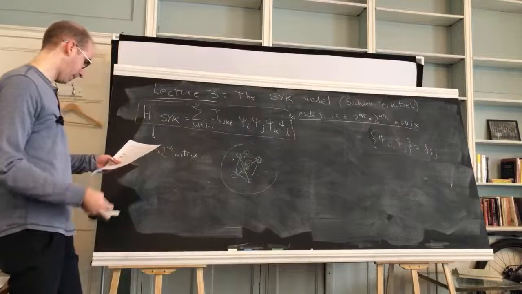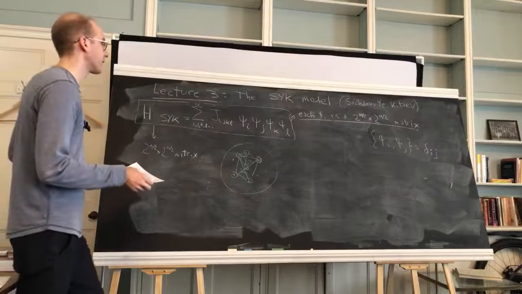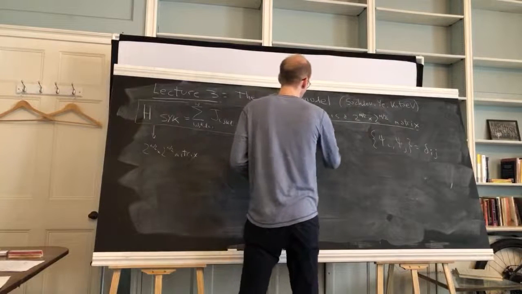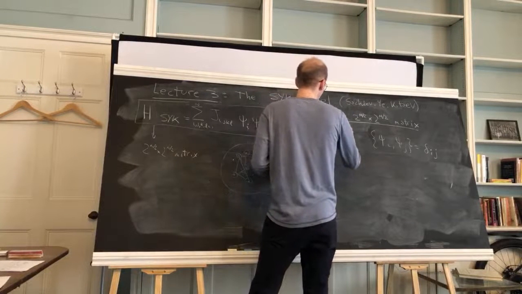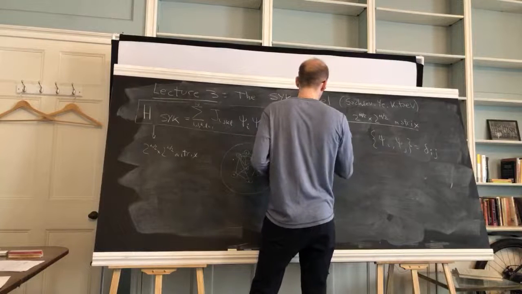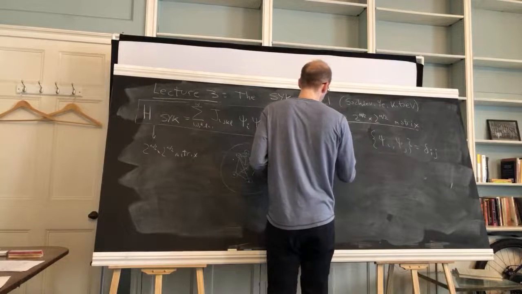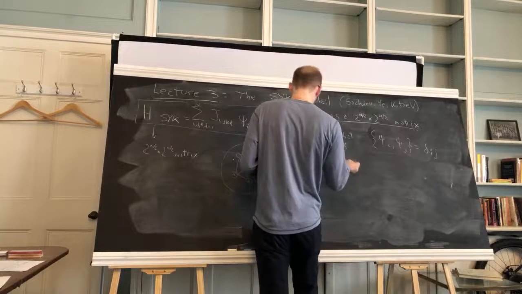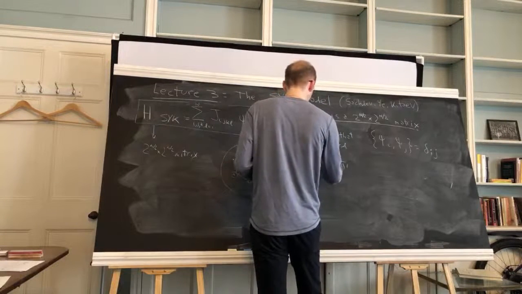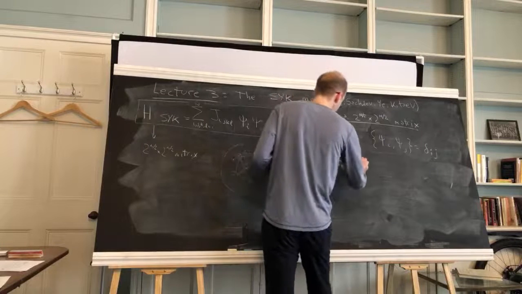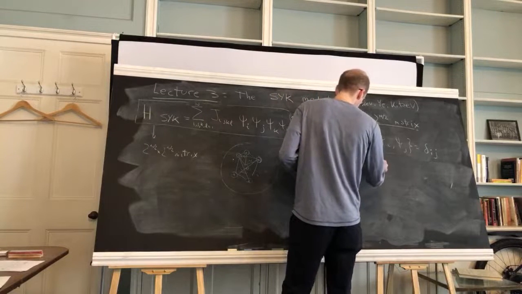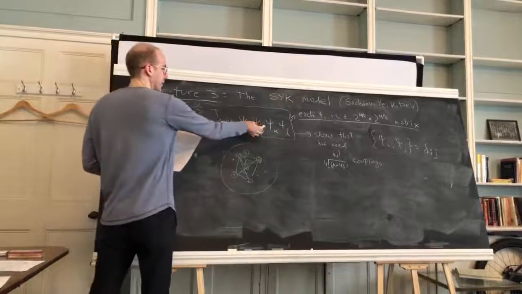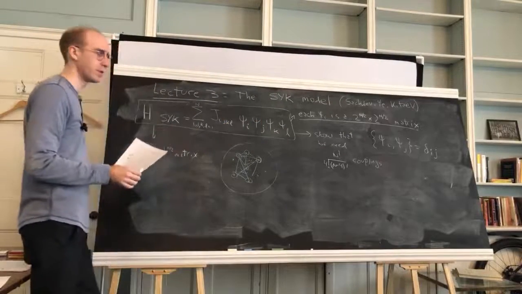So exercise number 4, I guess, is show that we need n factorial over (n minus 4) factorial times 4 factorial couplings. So this sum is a little bit degenerate because these psi's anti-commute.